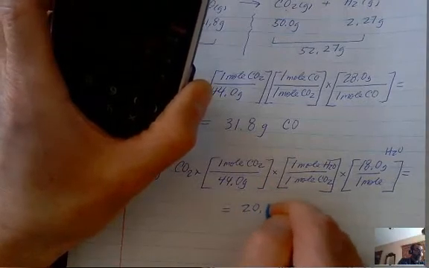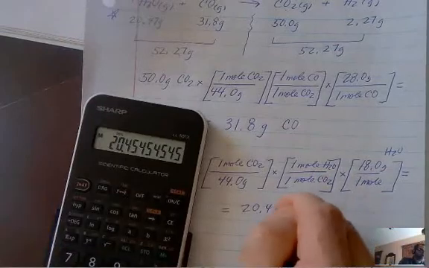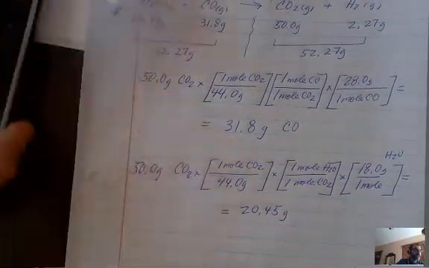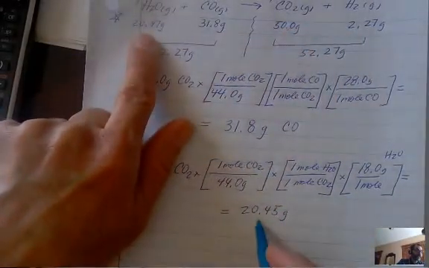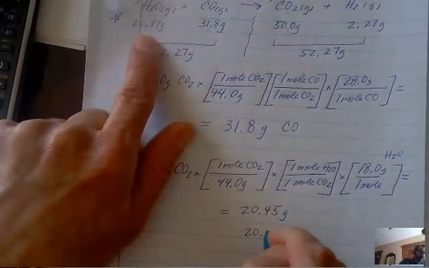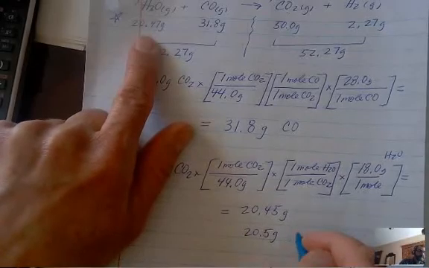So 20.45 grams. Probably one too many significant digits. This guy had 3, so this should only have 3. 20.45 rounds up to 20.5 grams of water.